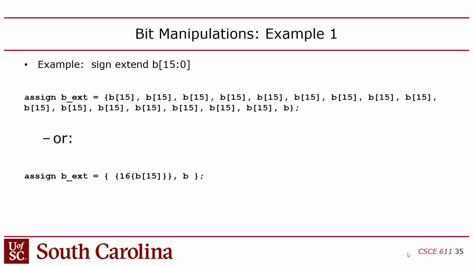Okay, and then for example, here's a way that you can do sign extension, which is actually wrong for RISC-V. This is the way that MIPS does sign extension. In MIPS, remember there was a 16-bit immediate field in the I-type instruction. So you would have to take bit 15 and duplicate it 16 times to sign extend. In RISC-V, there's a 12-bit immediate field or a 20-bit immediate field, depending on if it's an I-type or a U-type instruction.